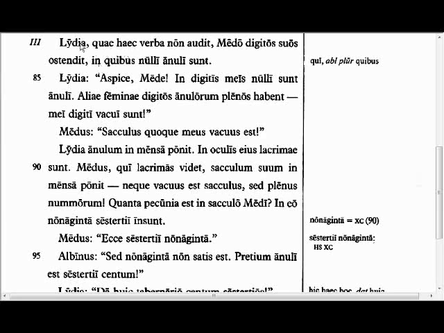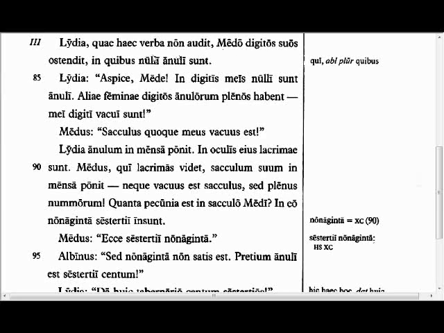Okay, so after you've practiced reading that on your own, let's translate together, starting with Lydia. Lydia, who doesn't hear these words, haec verba, shows her fingers to Medus, on which there are no rings.